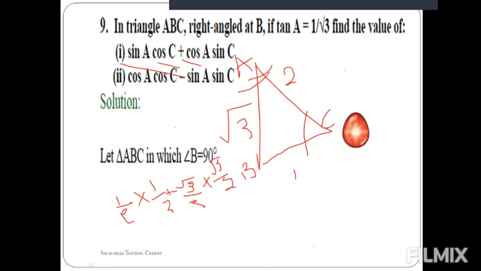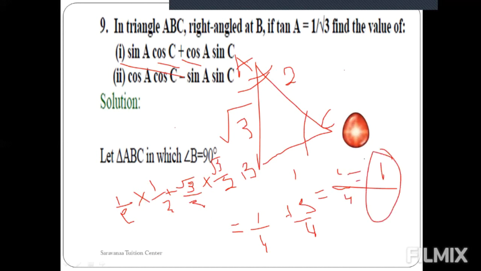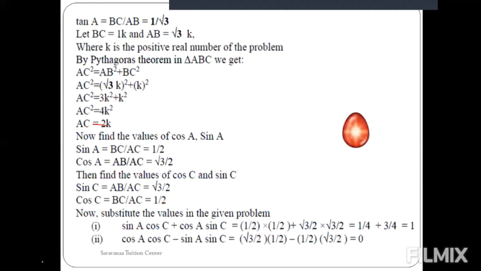That equals 1 by 4 plus 3 by 4, that equals 4 by 4 equals 1. 1 is the answer. See? You substitute this, you get 1 as the answer. Similarly, when you substitute these things in the similar manner, you get the answer as 0 for the second subdivision.